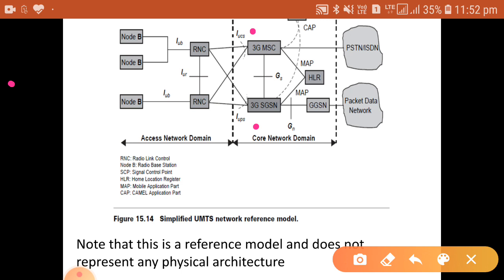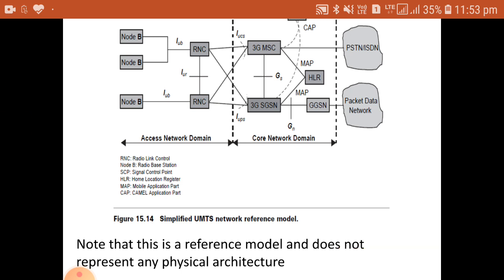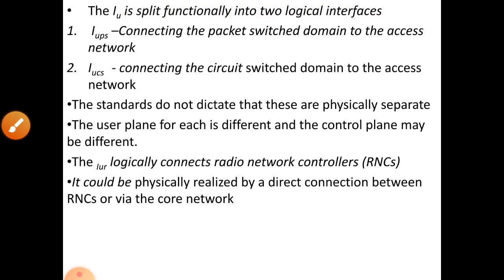So IUPS is mainly used for packet switched services, and similarly IUCS is mainly used for circuit switched services. The same point is also repeated here: these standards do not specify the physical architectures. They just deal with the reference model architecture.